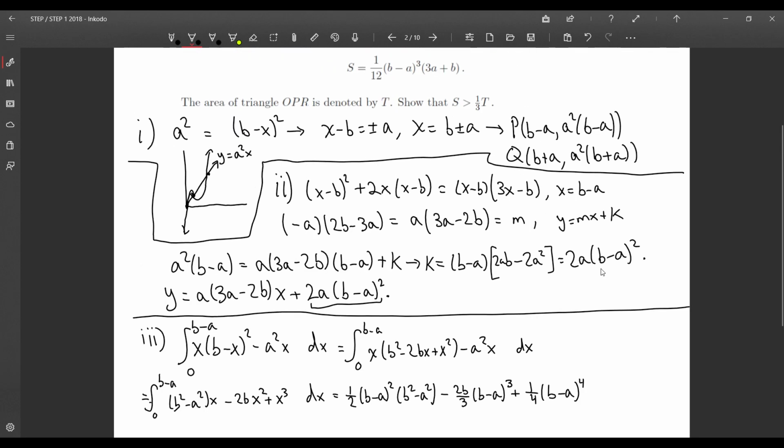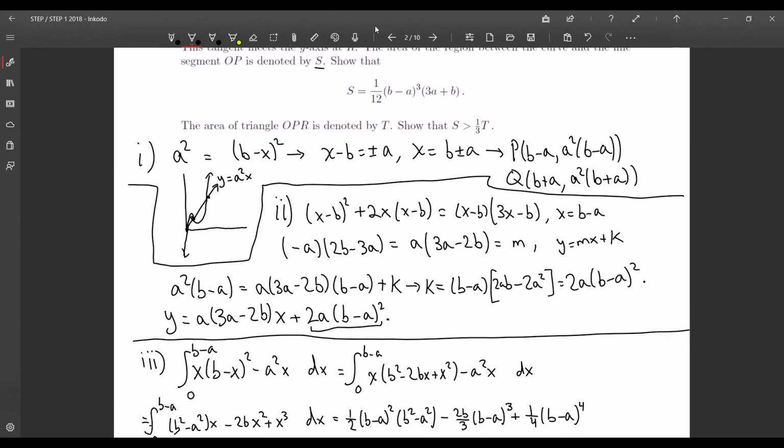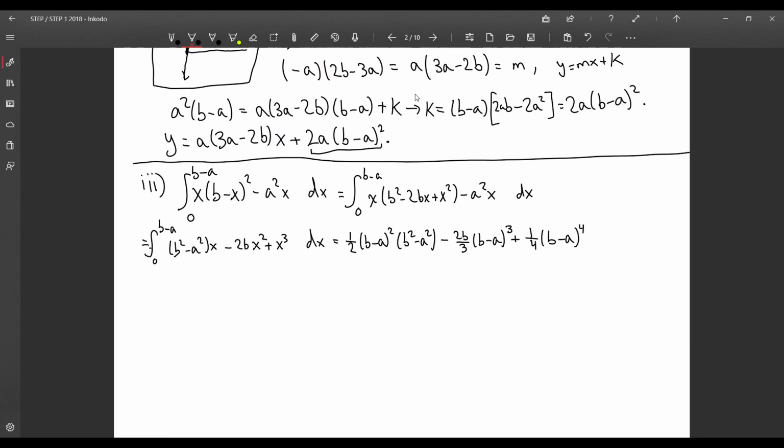Okay, now they want us to show that this all has a factor of b minus a cubed, right? So we have this b minus a cubed here, we have a b minus a cubed here, well, b minus a to the 4th, but there's a b minus a cubed factor, and then this difference of squares is going to give us another b minus a.